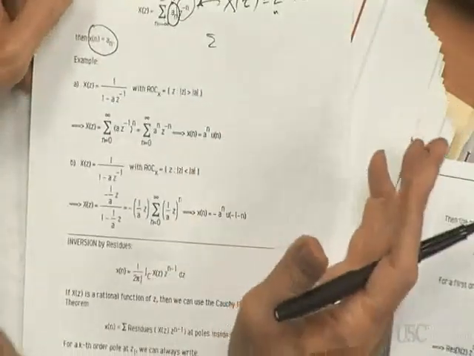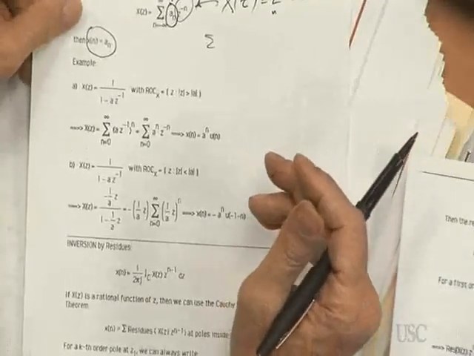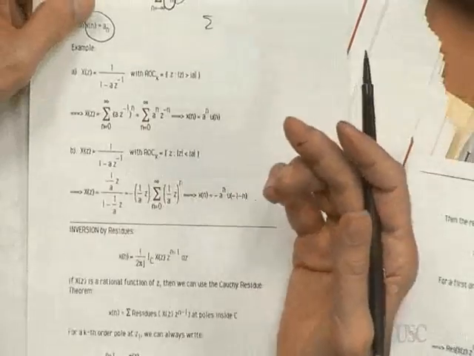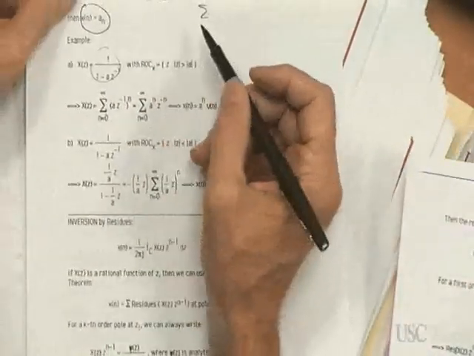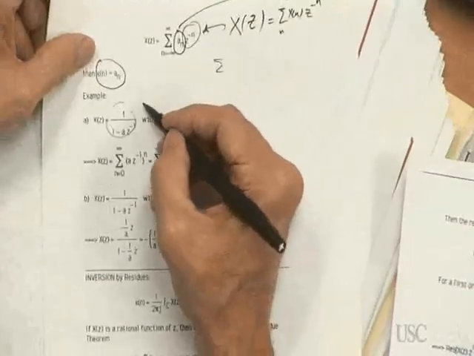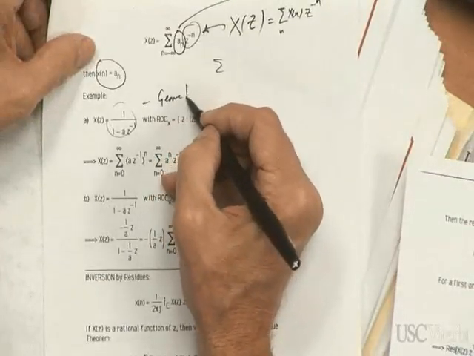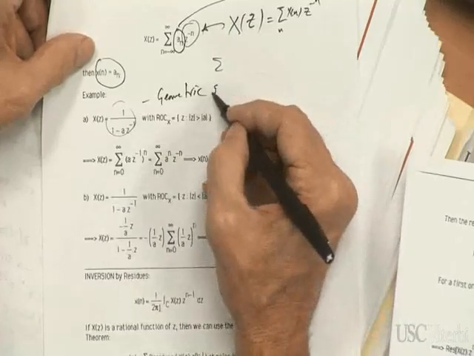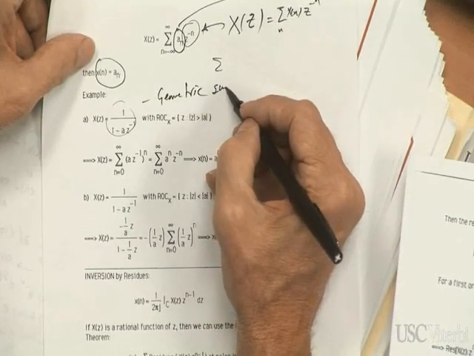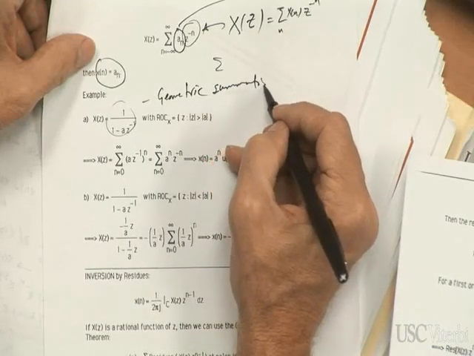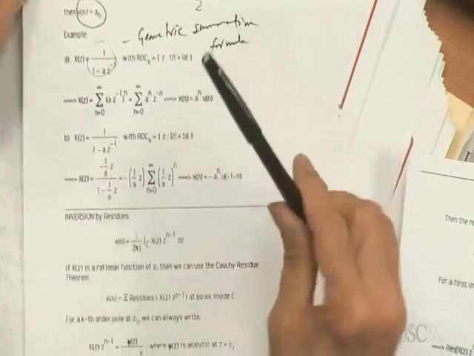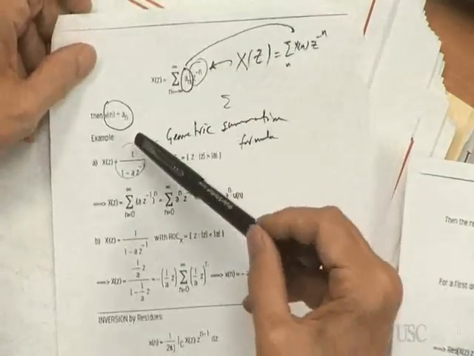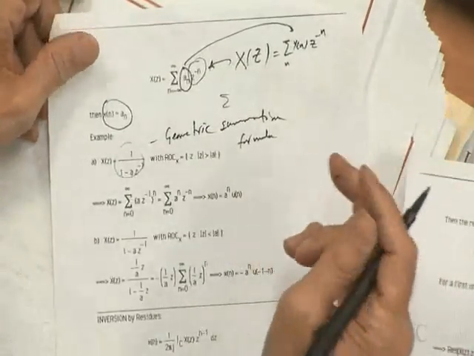You can do this in some cases, most notably simple right-sided sequences, by using the geometric summation formula. As a simple example, suppose I have a Z-transform that looks like 1 over 1 minus a z inverse.